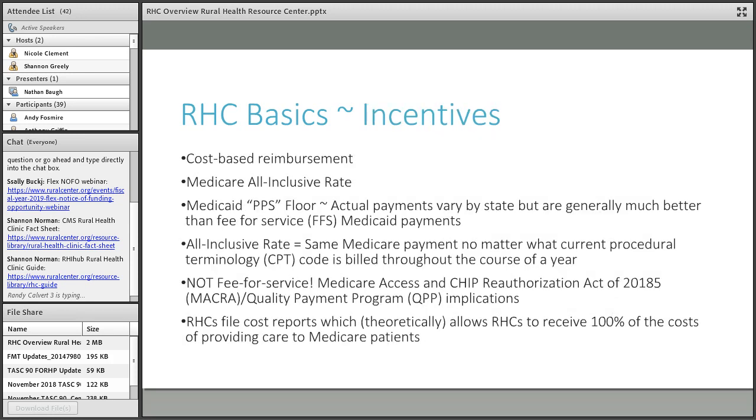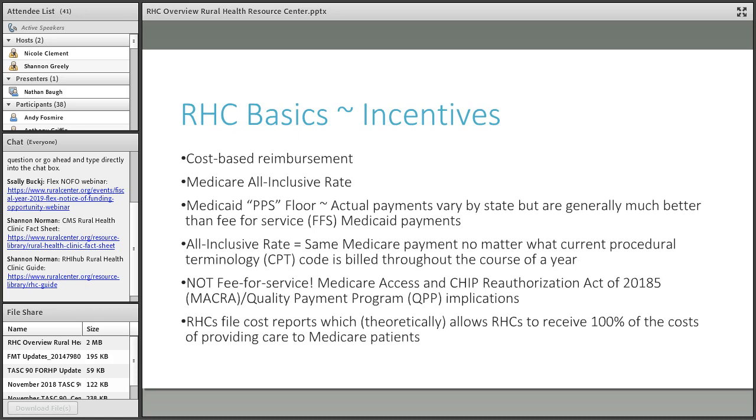Rural health clinics, unlike FQHCs, can be for-profit and thus can be owned by hospitals and CAHs, right? So that's a key distinction. I don't believe, there might be some loophole exception on the FQHC side, but by and large, a hospital cannot own an FQHC, unless I'm mistaken on that.